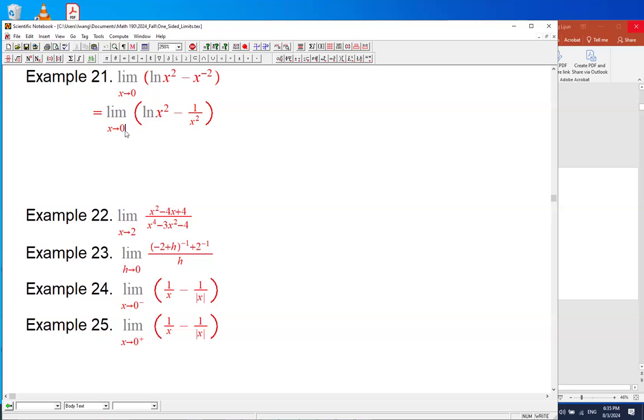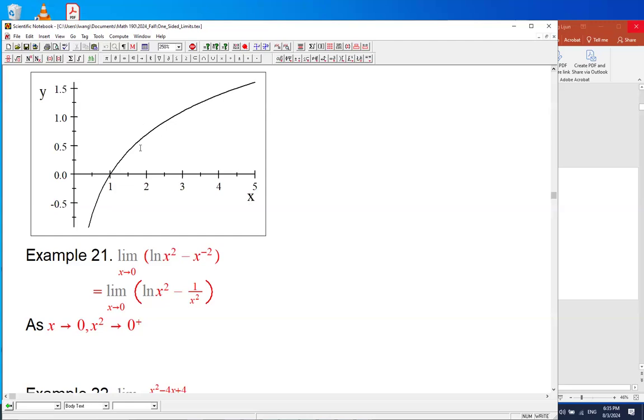As x approaching 0, we can't reduce it, really. And x squared is approaching 0 from larger than 0. We're still familiar with the natural logarithm curve.